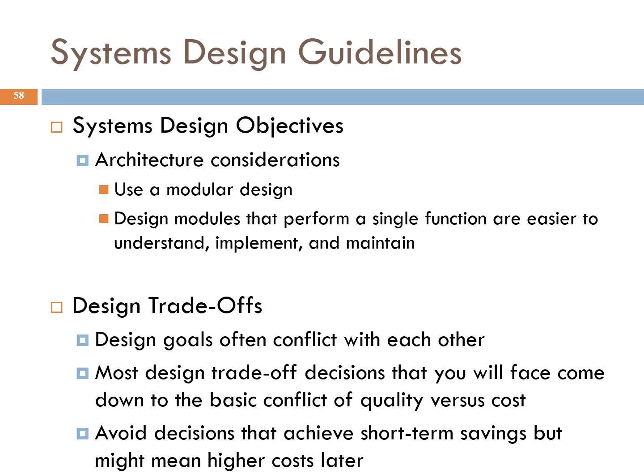So do you want high quality software, but how about the cost? Avoid decisions that achieve short-term savings but might mean higher cost later. So remember the costing in terms of the long run.